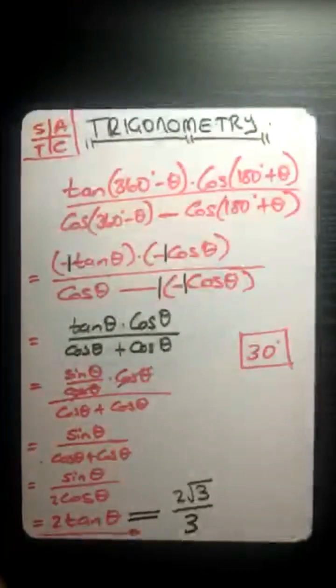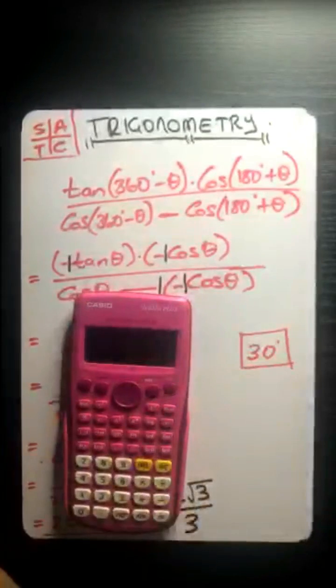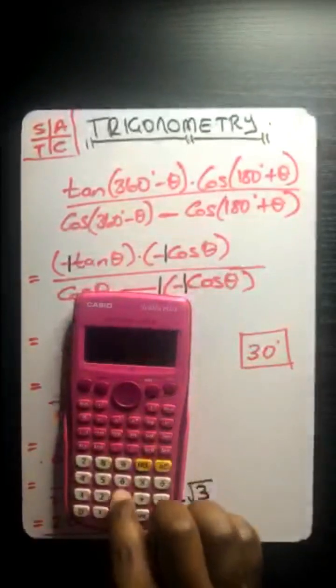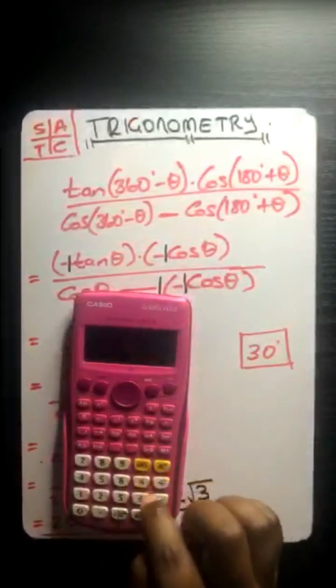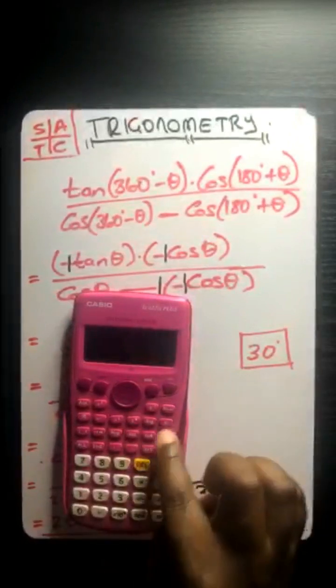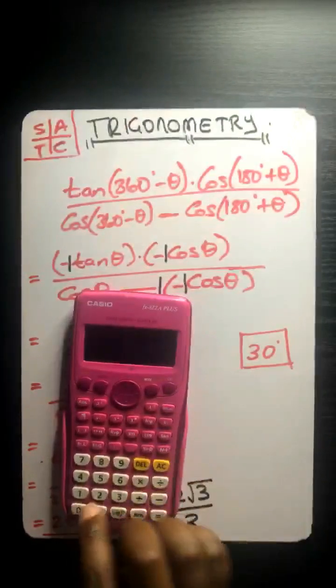Okay, maybe let me punch it myself and see. I'm going to start with a fraction button. Then I say tan of 360 minus an angle being 30, then you multiply by cos of 180 plus 30, you close.